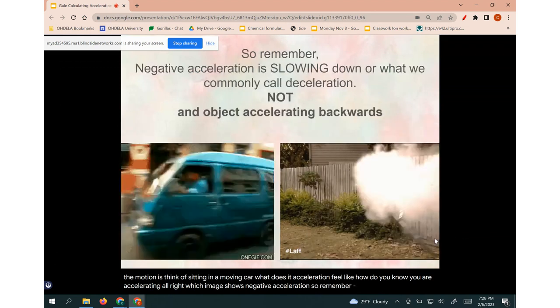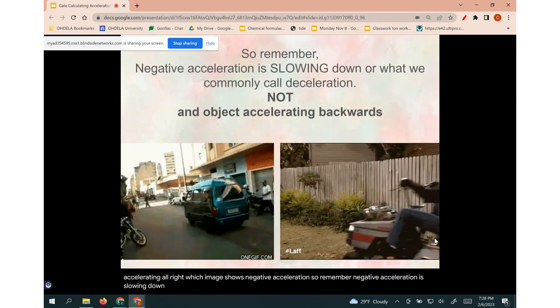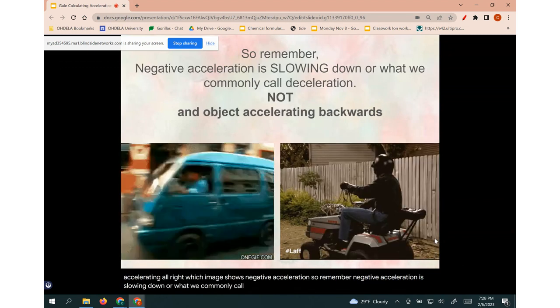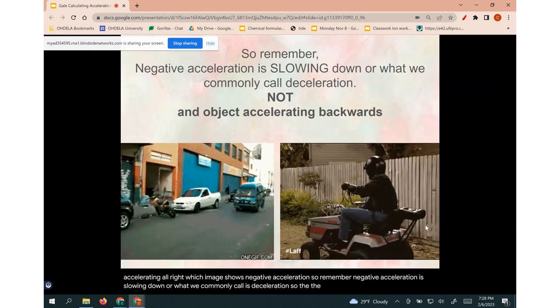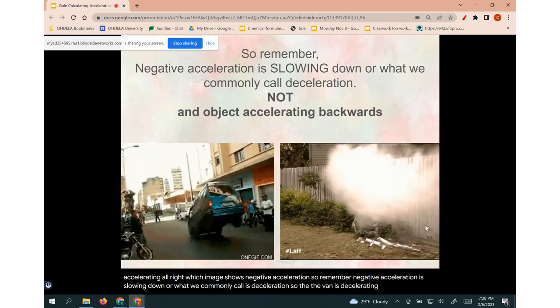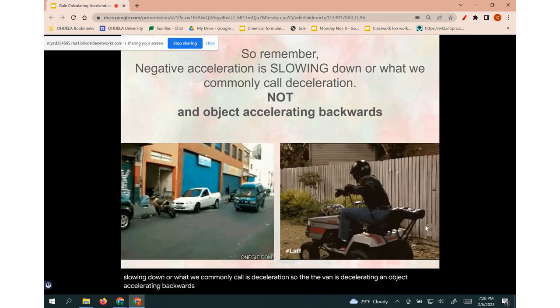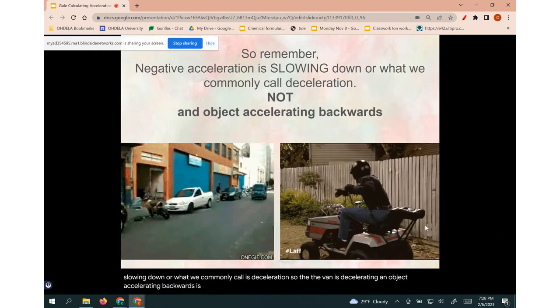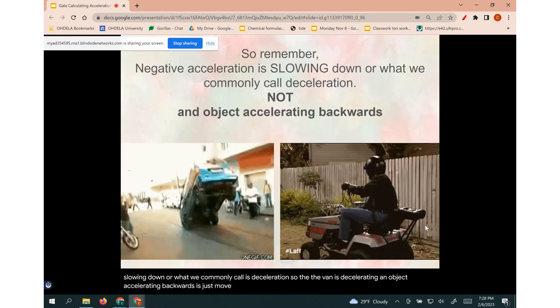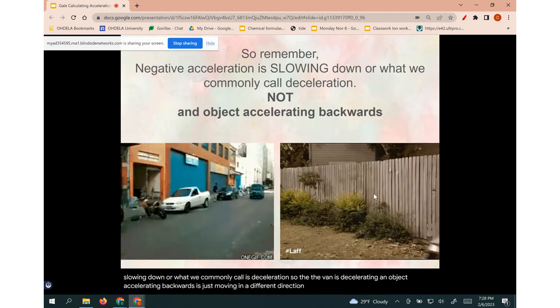So remember, negative acceleration is slowing down, or what we commonly call deceleration. So the van is decelerating. An object accelerating backwards is just moving in a different direction.